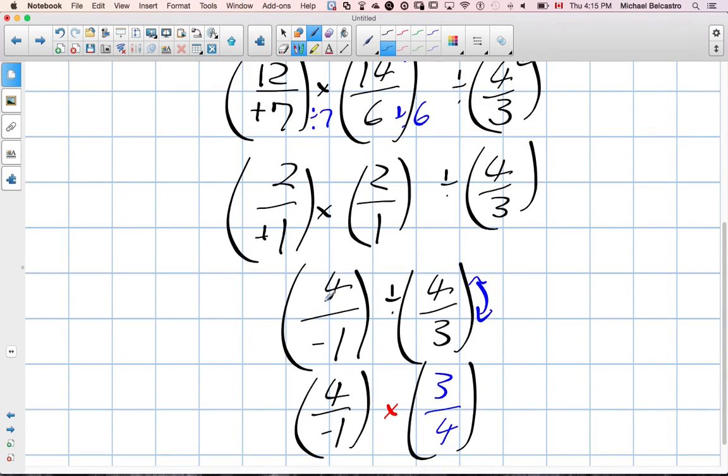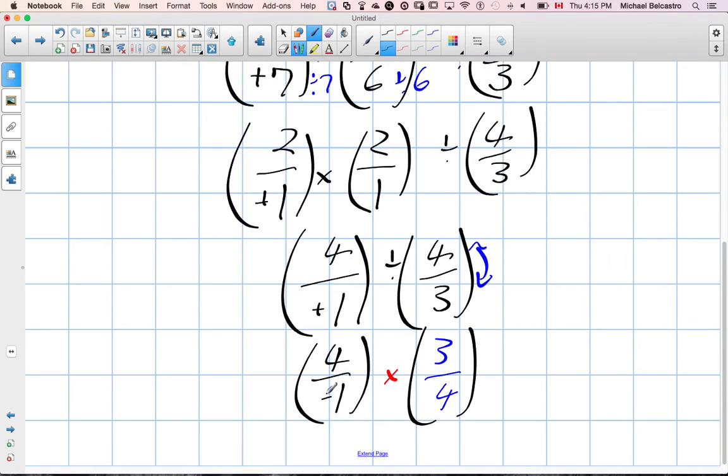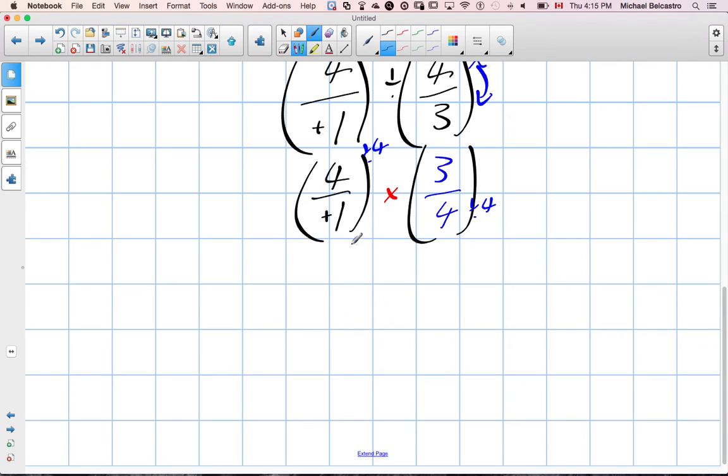The reason I noticed this now is because I know our answer wasn't negative in the end. So I just fixed that. 3 and 1 don't reduce, but 4 and 4 both reduce by 4. So I divide that by 4 and that by 4. Now 4 divided by 4 is 1. So 1 over 1 times 3 over 1 is 3 over 1, which is essentially just the value of 3.